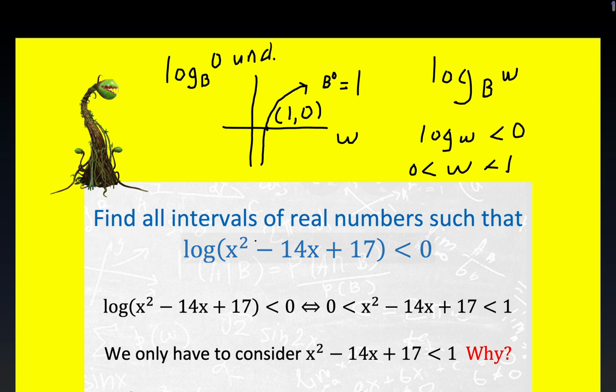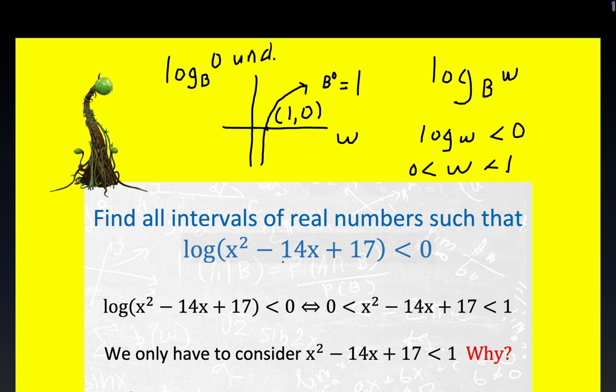Okay, so what we're trying to do right now is find all intervals of real numbers such that log base, we can call this log base 10 if you want, it's only important that it's a base greater than 1. This input argument is going to stretch things out a little bit. This was just based on w as your input argument. Here we have x squared minus 14x plus 17. We want to find all intervals of real numbers, and an interval is basically just a compound inequality.